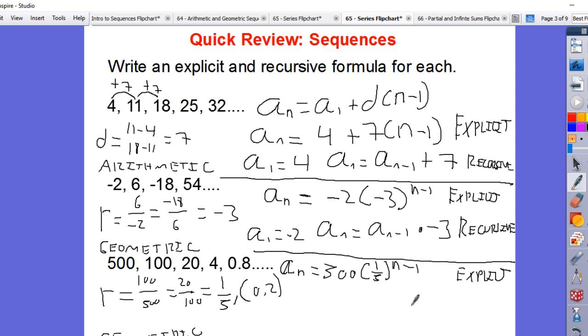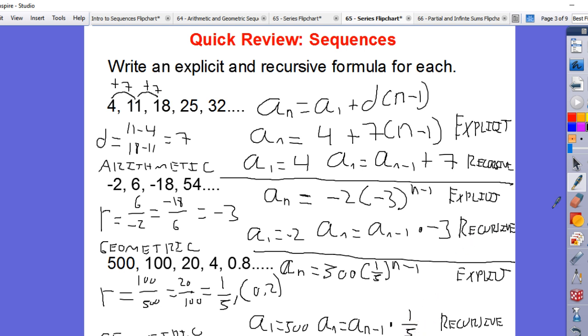To the n minus 1 power. Then recursive. Well, let's start with a1. a1 equals 500. And then an is equal to, each term is equal to the previous term, an minus 1, times 1/5.